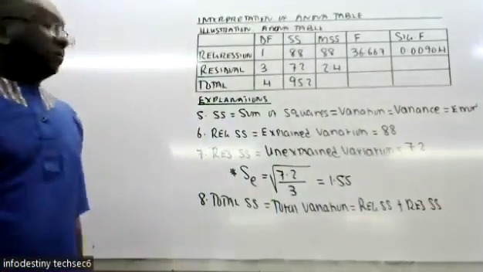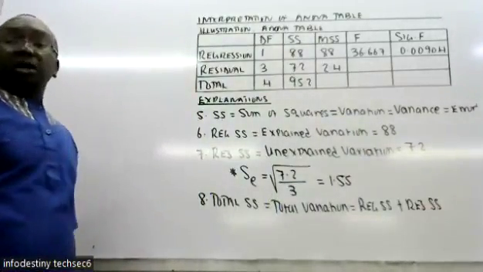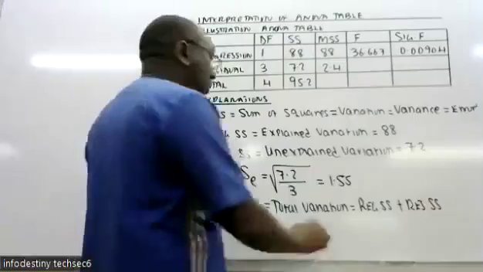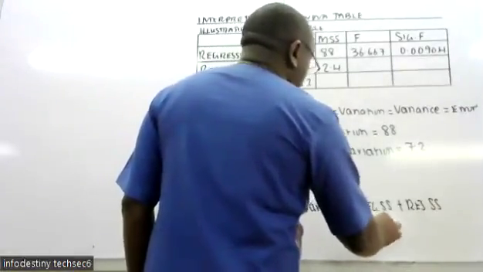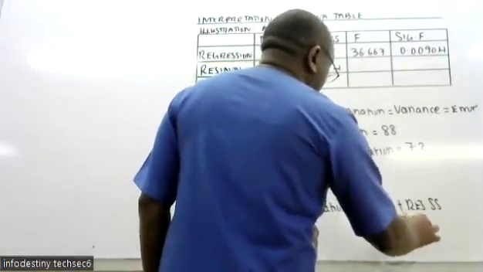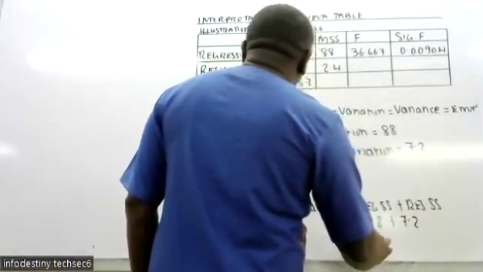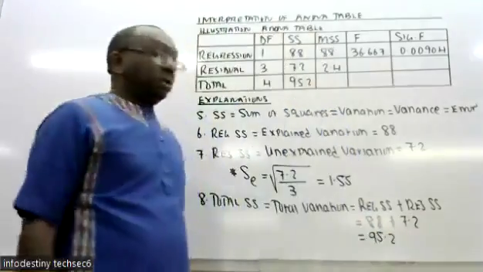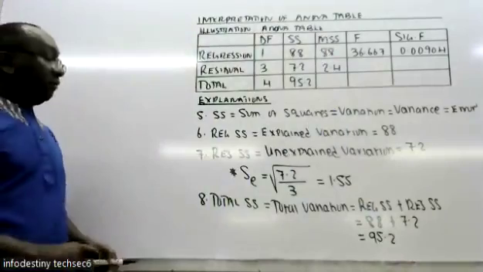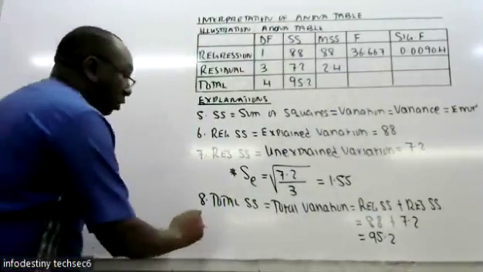You can see clearly that if you take 88 and add back 7.2, you will get 95.2.